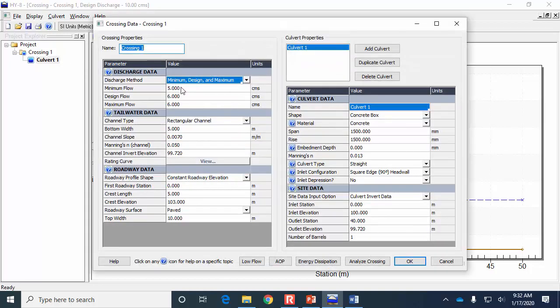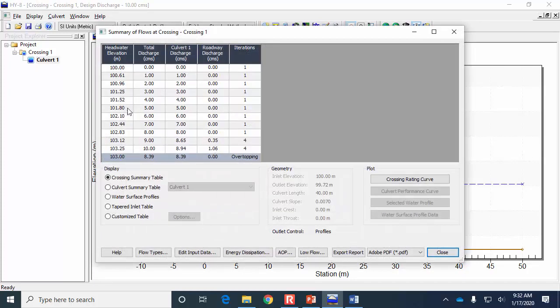What I changed was the minimum and the design flow rates to zoom in, because before, when I was going from 0 to 10, the table doesn't tell me exactly what's going on at the headwater depth of 2. I know what the flow rate is when the headwater depth is 1.8, and what flow rate corresponds to a headwater depth of 2.1.